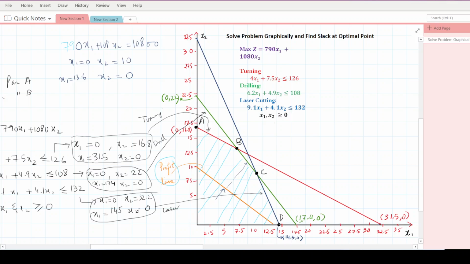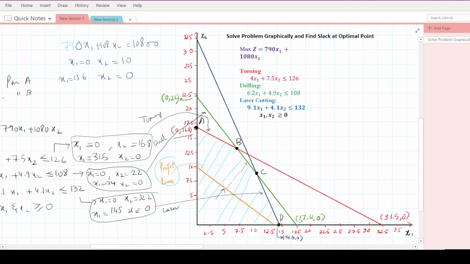Here I have already identified the points and labeled them. A is formed by the intersection of the turning constraint and the x2 axis, and its coordinates are 0, 16.8. B is formed by the intersection of the drilling and the turning, C is formed by the laser cutting and the drilling, and D is formed by the intersection of the laser cut on the x1 axis.